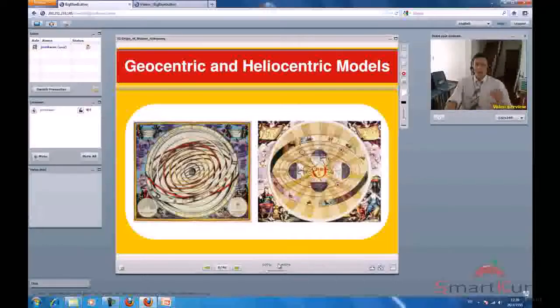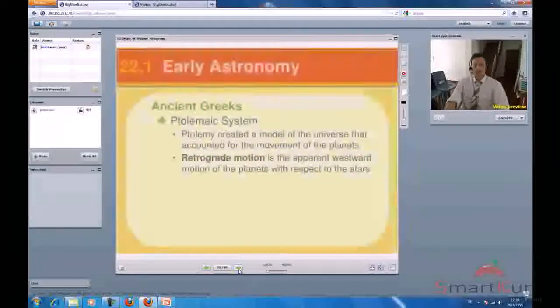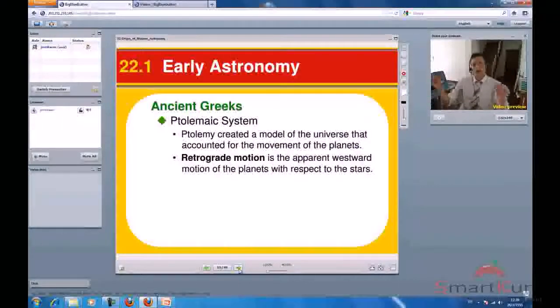But let's go back to that picture that we saw on slide 9. That picture of the sun and the Earth moving around the sun, we still have a circular orbit. The Earth is moving in a circle around the sun, as if there were a piece of string connecting the sun and the Earth. And the Earth always stayed at the end of that string.